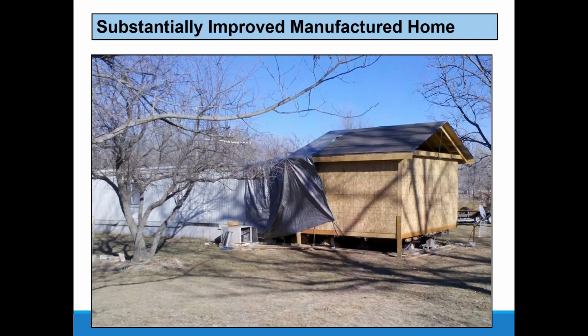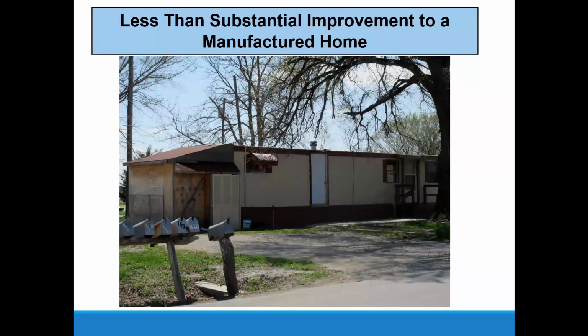So I have another example here of a pre-firm, excuse me, manufactured home where they have put on a lateral addition that's not a substantial improvement, and it's not structurally connected. So check this out. There's no door inside that connects this lateral addition to the rest of the structure, so that makes a difference.